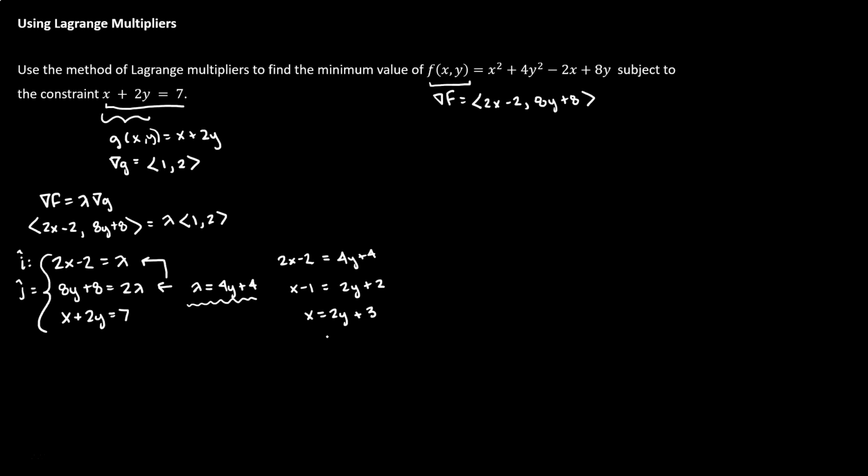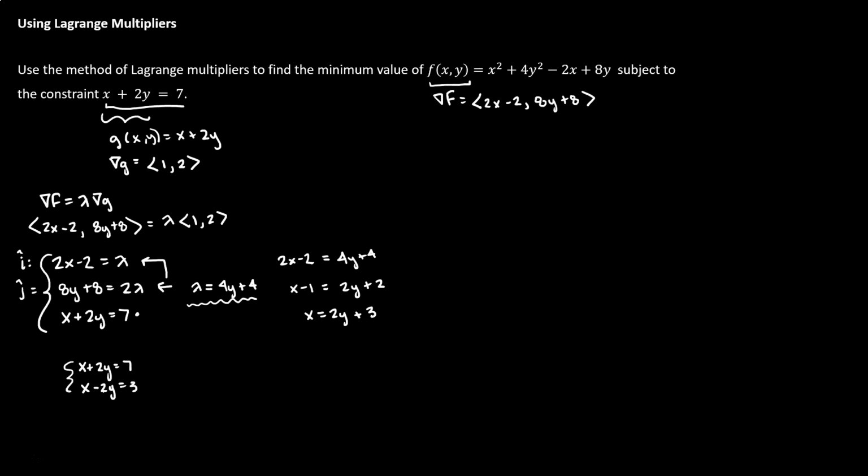We're going to use this with the third equation here so that we can find a value for x. So we have x plus 2y equals 7, and we also have x, I'm going to write this as minus 2y equals 3.